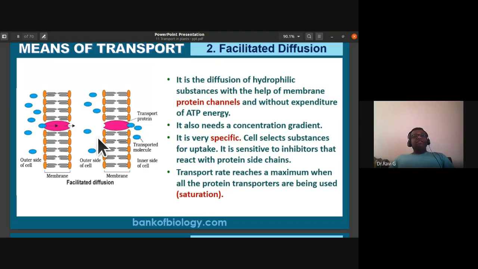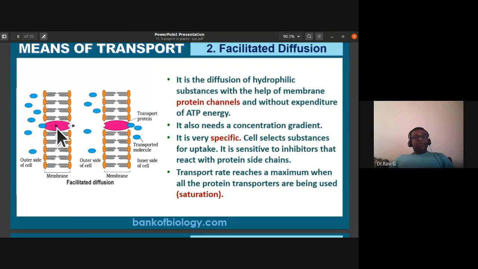Okay. The transport rate is going to reach a maximum when all the protein transporters which are present in the plasma membrane or cell membrane are involved.